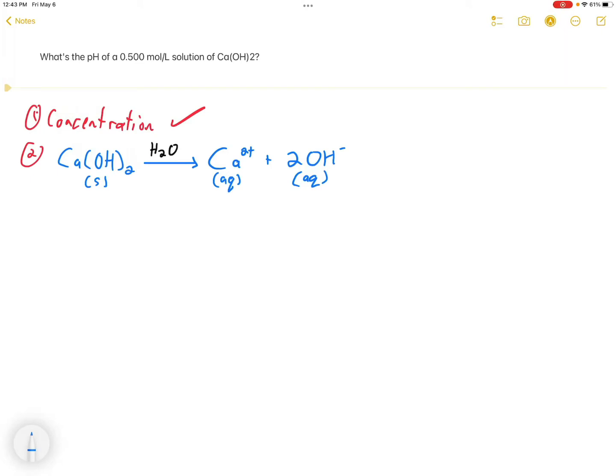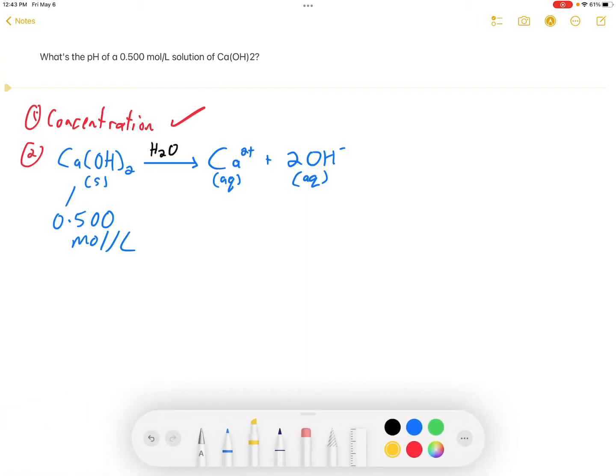So here's the ionization or dissociation of calcium hydroxide, and so it breaks down into calcium 2+ and 2 moles of OH-, and we begin this process with the listed concentration of calcium hydroxide, 0.500 moles per liter. And what we're going to do is use stoichiometry in order to get our hydroxide concentration.